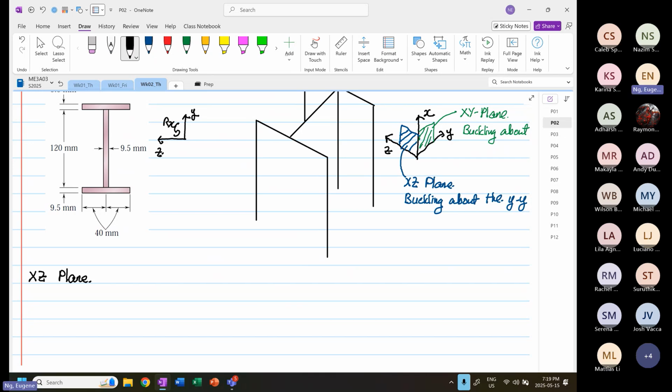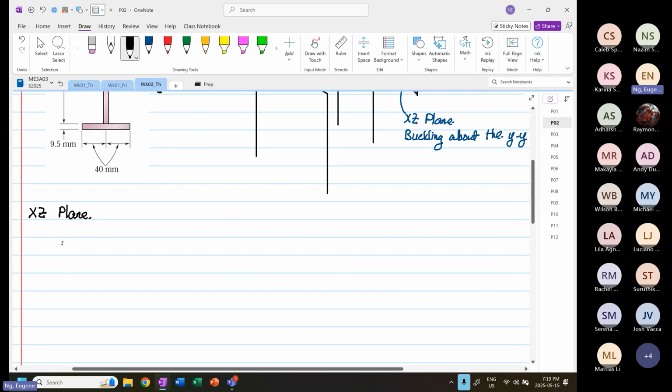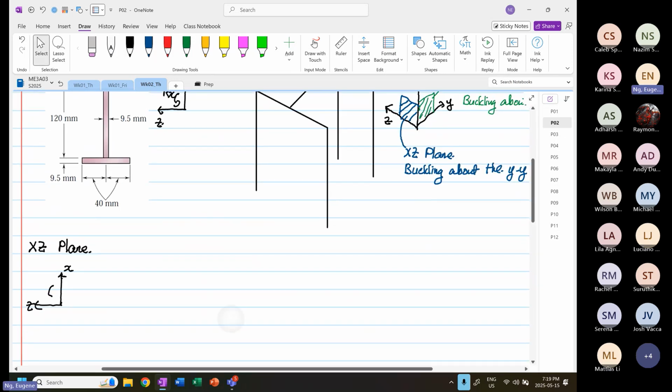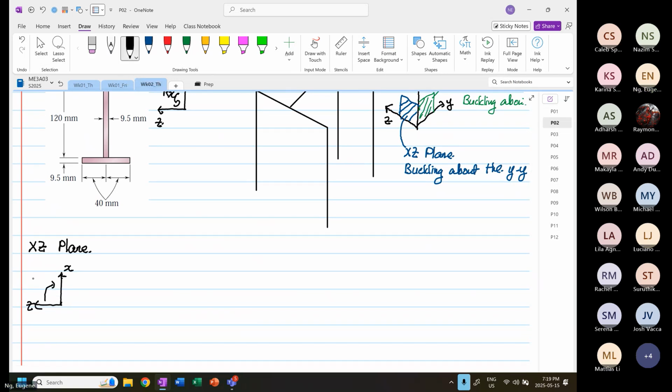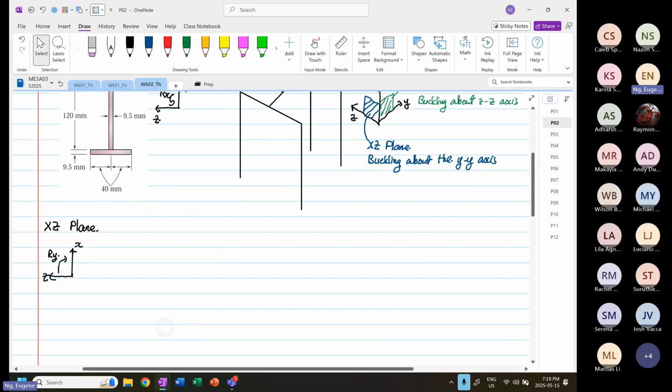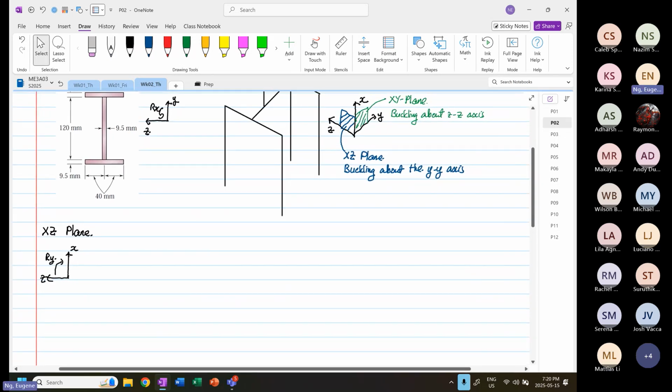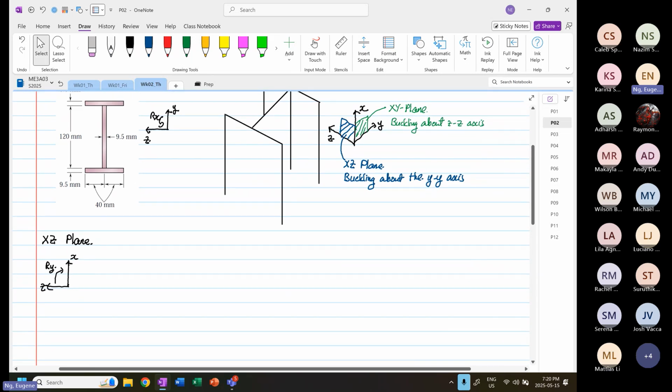So on the XZ plane, this is my X axis. This is my Z. And we know that this is our rotation in the Y. Okay. So when we sketch this out, so XZ plane, so the structure looks like this.